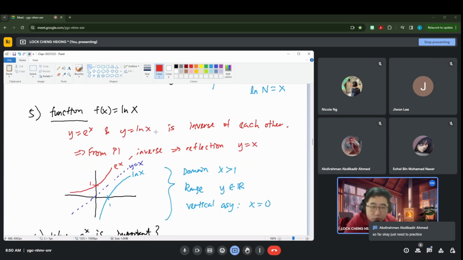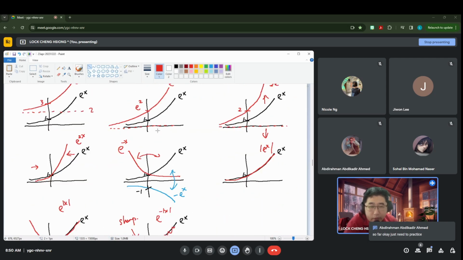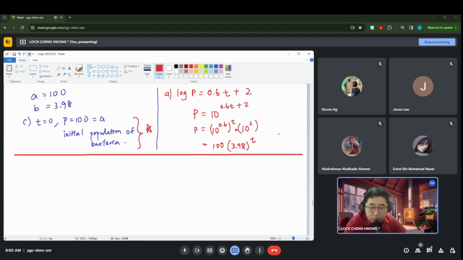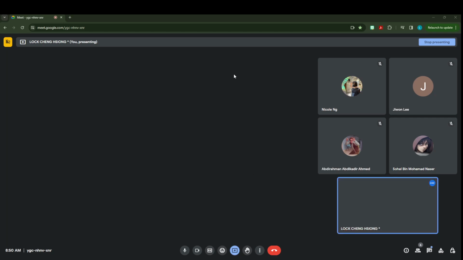Okay, so the main part is still the algebra and the graph. I will crop the questions.